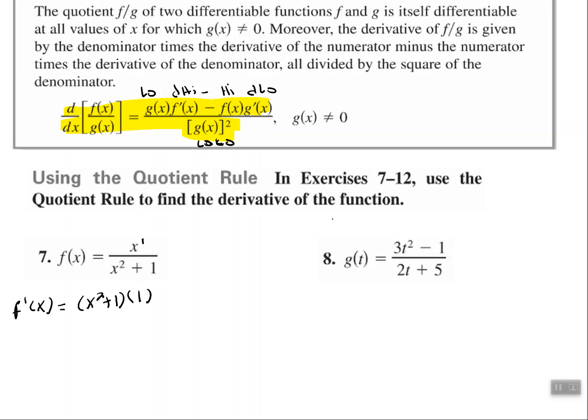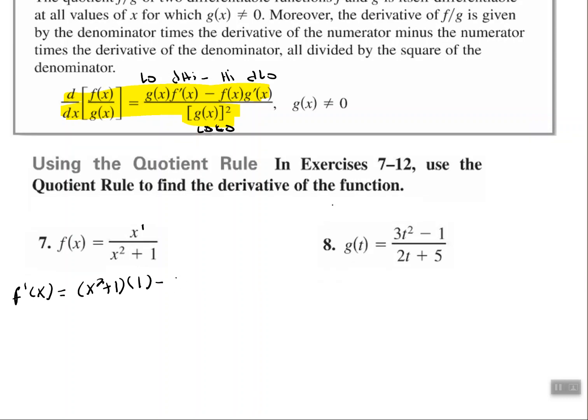Minus your numerator, or high, times the derivative of your denominator, or d low. So derivative of x squared plus 1 is 2x. All over low low, or your denominator squared.